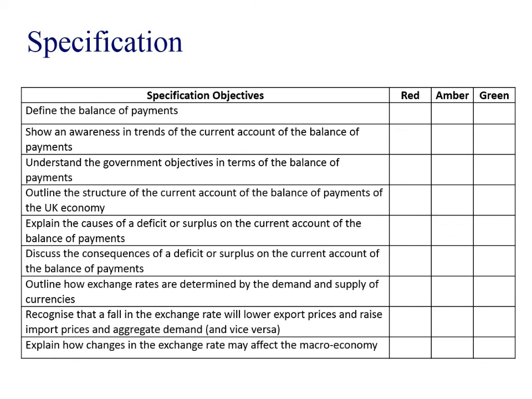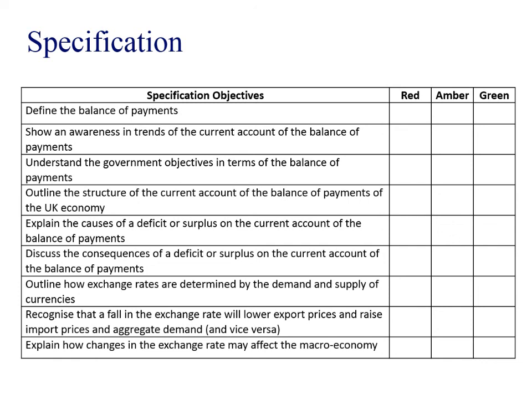The government objectives in terms of the balance of payments are quite complicated. All we want to achieve is a satisfactory balance of payments position. It's very vague. I should give the UK government a U grade for that and say it's too vague. I would if a student gave that answer in an essay.